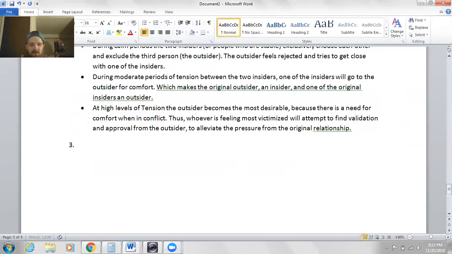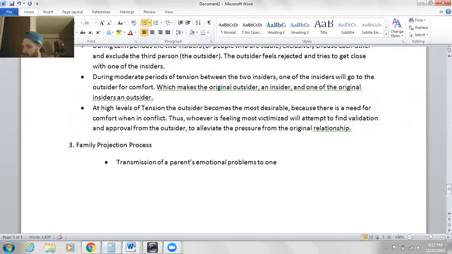So then the third component is the family projection process. And this is basically transmission of a parent's emotional problems to one or more of the children within the emotional triangle or outsiders.